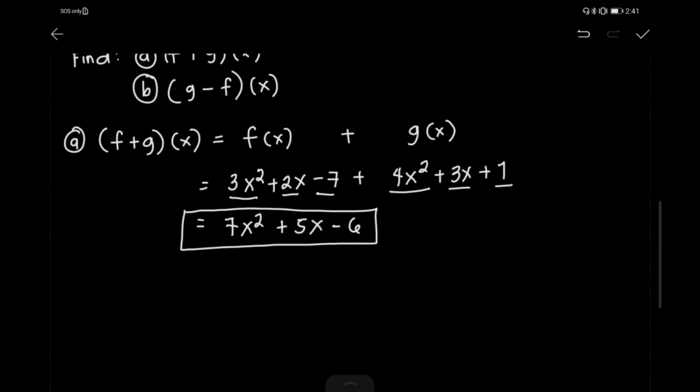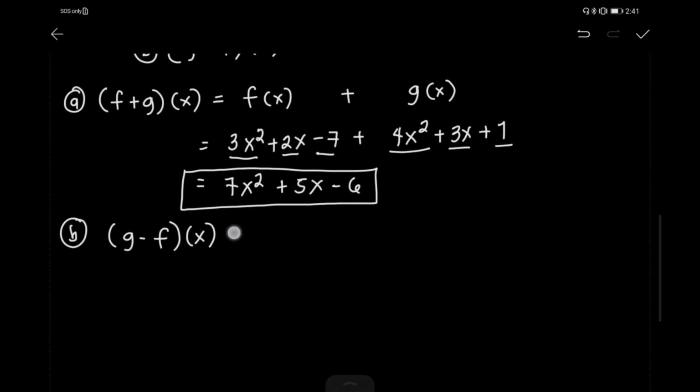Okay? So let us now proceed to the second operation, which is g minus f of x. So it means that we're going to subtract the value of our f of x from our g of x.